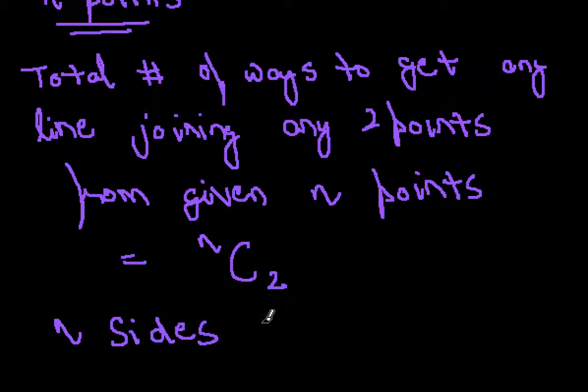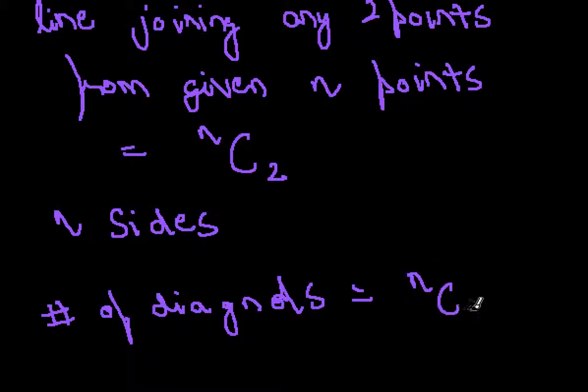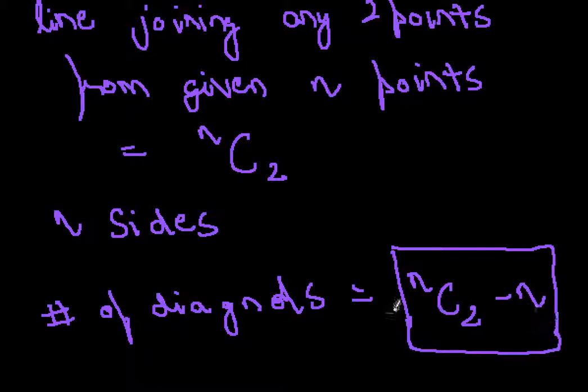So the rest of them would be diagonals. So the number of diagonals is given by nC2 minus n. This is the total number of diagonals for an n-sided polygon.